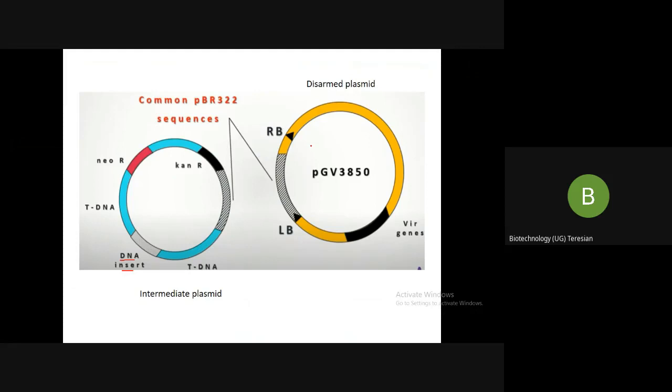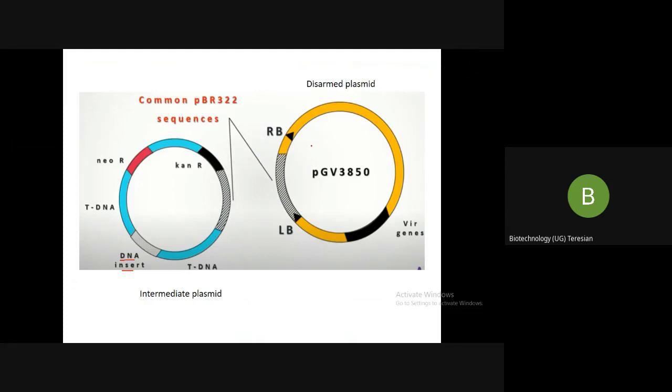The function of this auxin and cytokinin is just to cause tumor. That is, the cells undergo division. The best word to use is division instead of replication. So they form the tumor, and this tumor is called the crown gall disease. And other than causing tumor, it has no other functions.